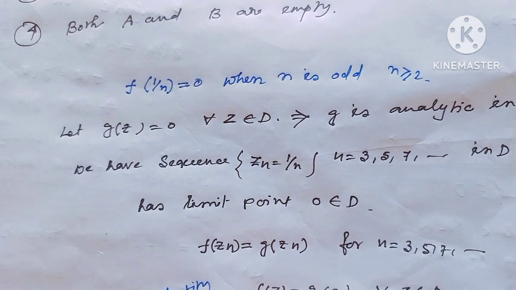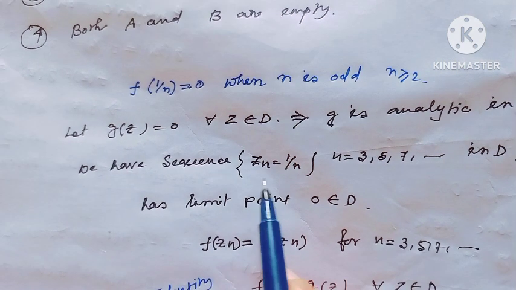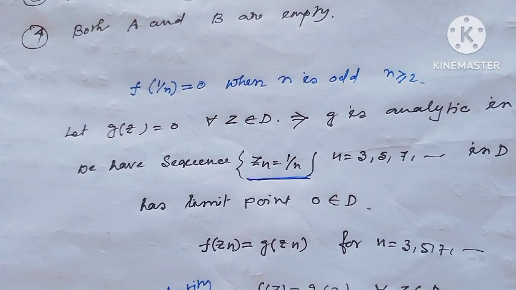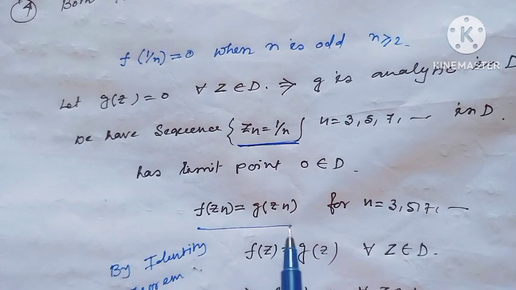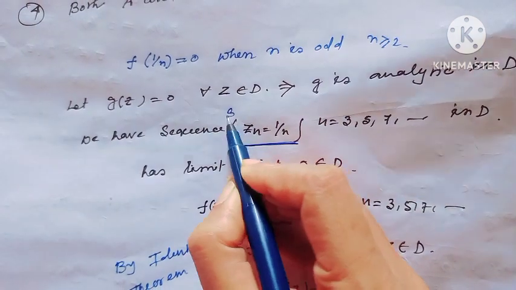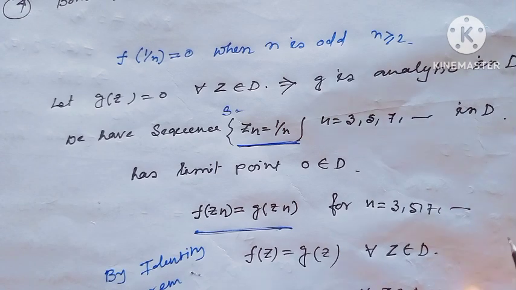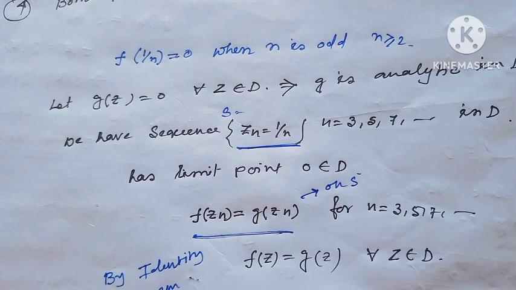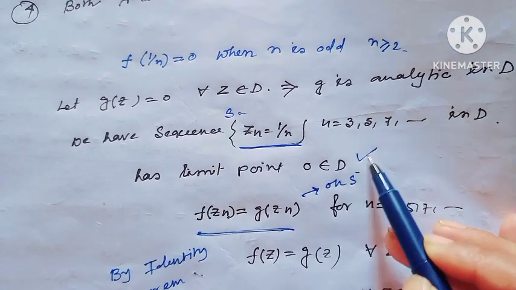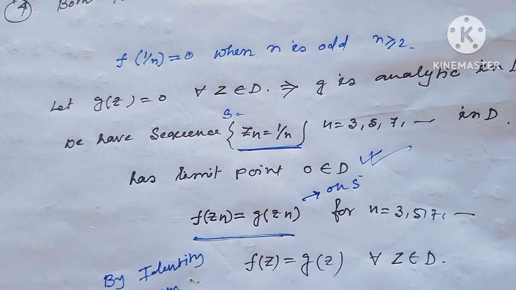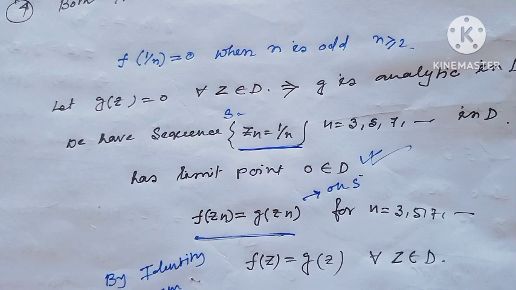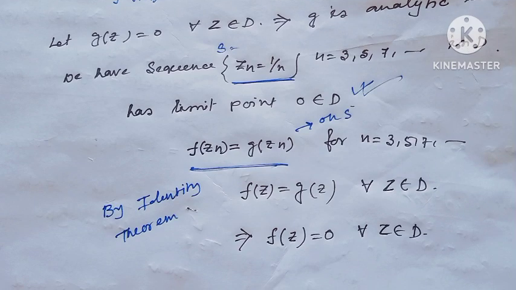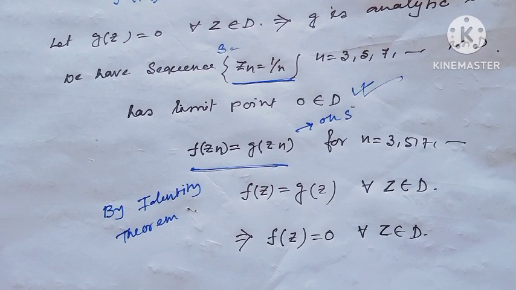Then, if we consider the sequence z_n equal to 1 over n, then f(z_n) equals z_n. Consider this set S. On the set S, this set has a limit point 0 which belongs to D. So we can tell f(z) equals z by the identity theorem.